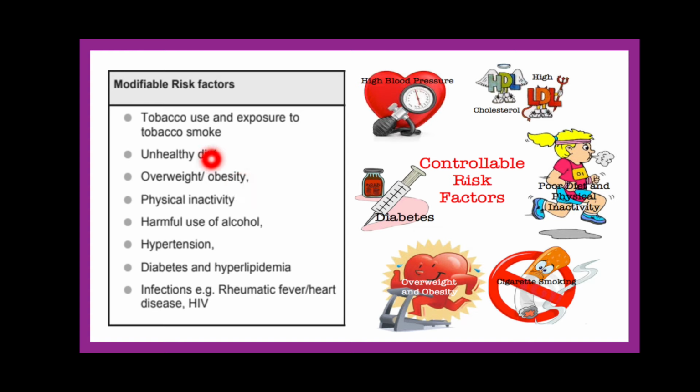So this is an unhealthy diet. By controlling it and having healthy food, fruits, vegetables, food rich in proteins and minerals, this healthy diet will help us control our weight and eventually control obesity.